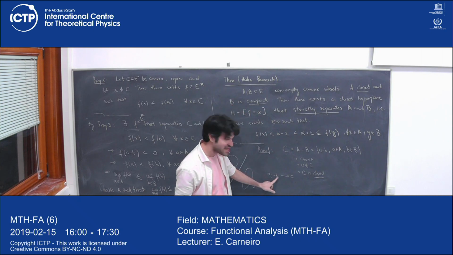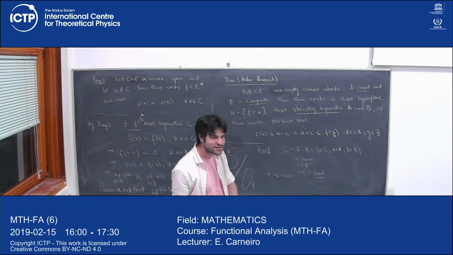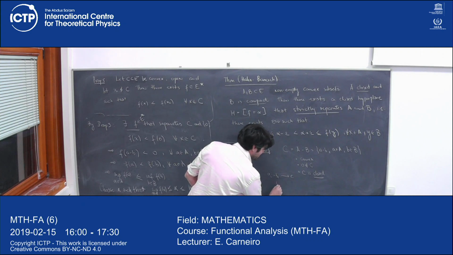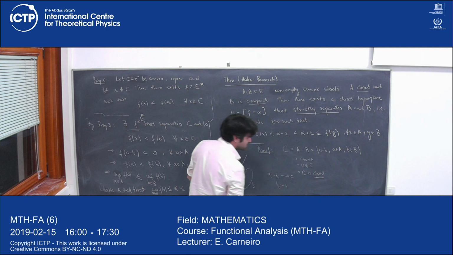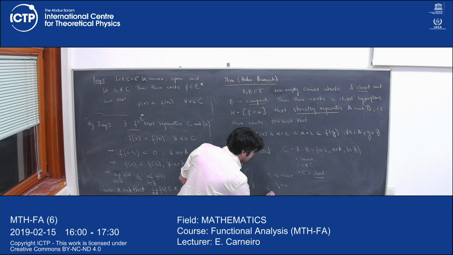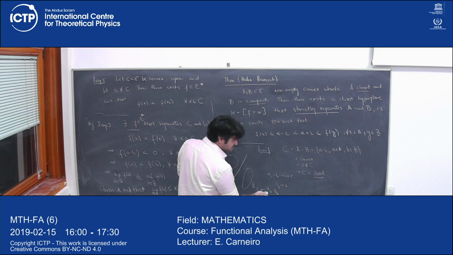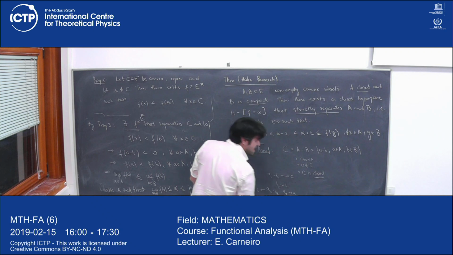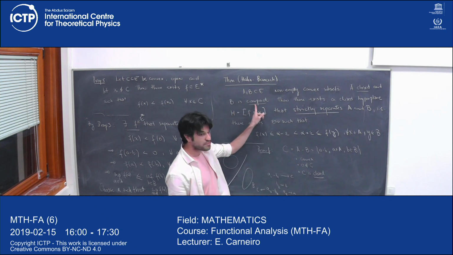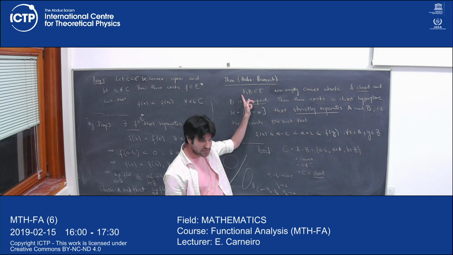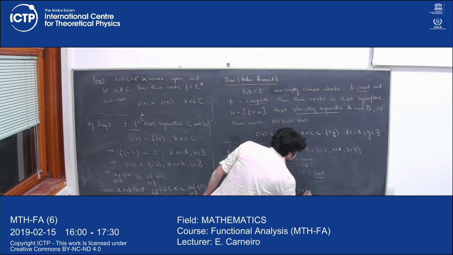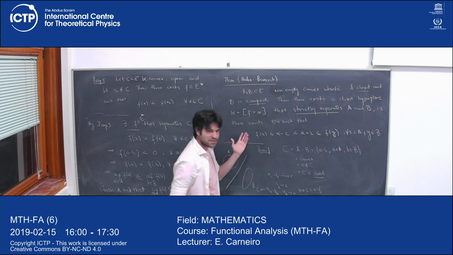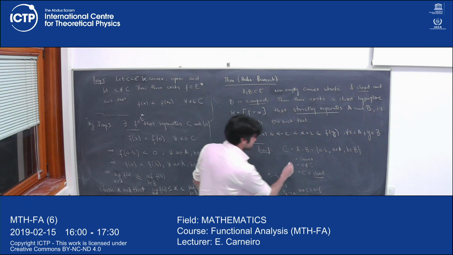So every sequence b_i in a compact set has a subsequence that converges. So you can assume that b_{i_k} converges to a certain b. Well, if b_{i_k} converges to b, then a_{i_k} minus b_{i_k} keeps converging to c, so this means that a_{i_k} has to converge to a certain a. Well, b is in B because B is compact, and a is in A because A is closed. So this means that c is a minus b with a in A and b in B. Okay? So this set is actually closed.